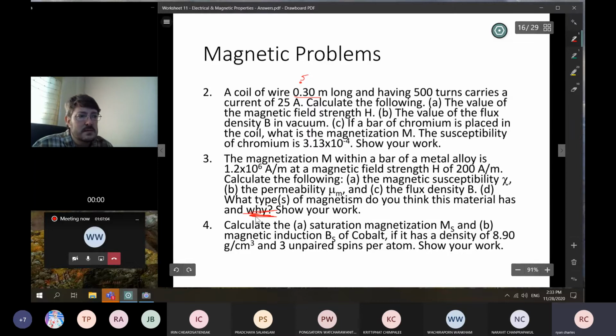Right? You see something like that, it means it's not a one-word answer. It requires explanation. Right? And calculate saturation magnetization and magnetic induction of cobalt if it has a density of 8.9 grams per centimeter cubed and 3 unpaired spins per atom.